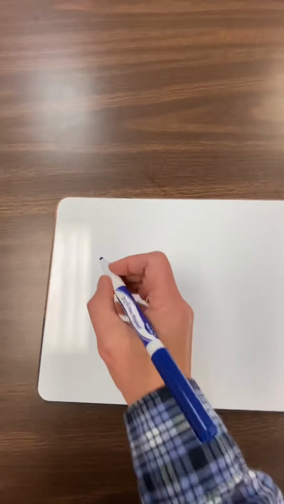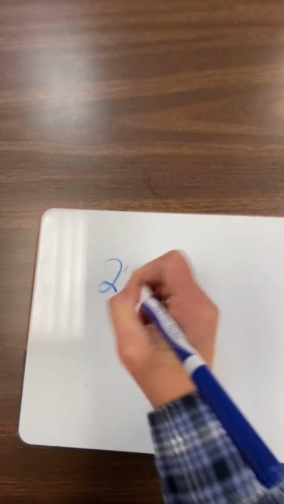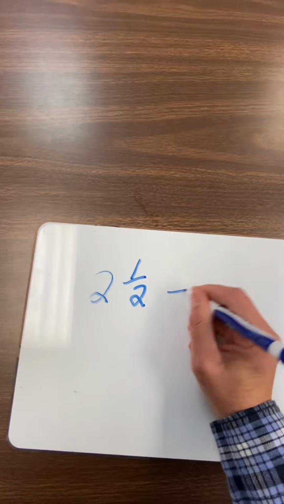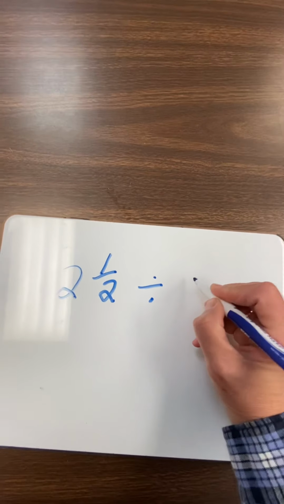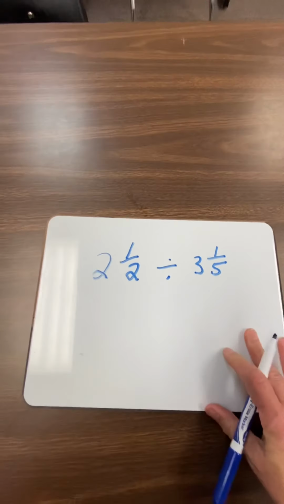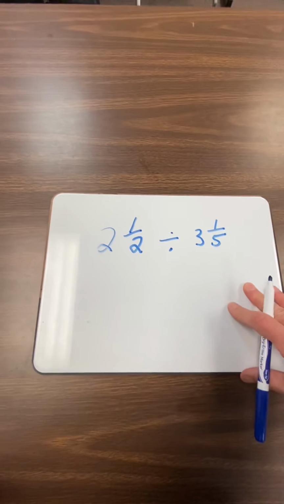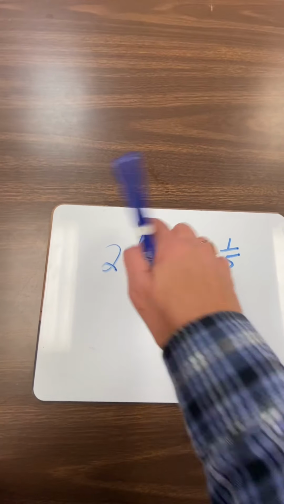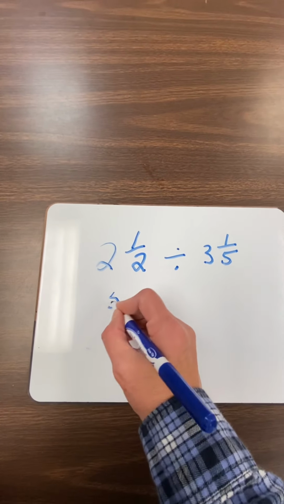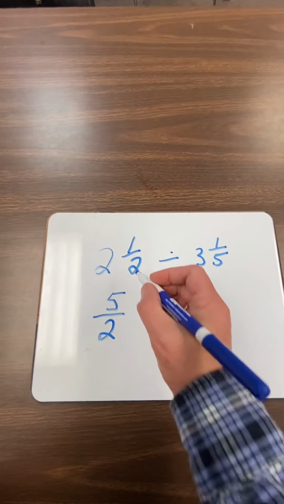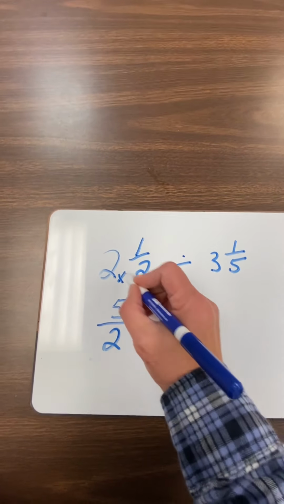Now I want to go over mixed number division. 2 and 1/2 divided by 3 and 1/5. Okay, so just like when you multiplied, you have to turn the mixed number to an improper fraction.